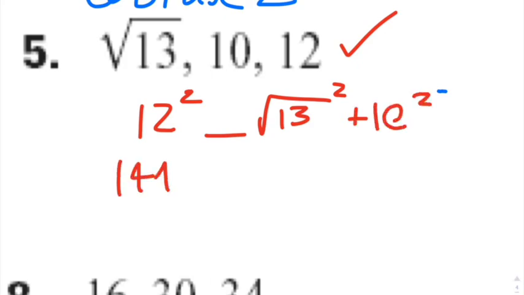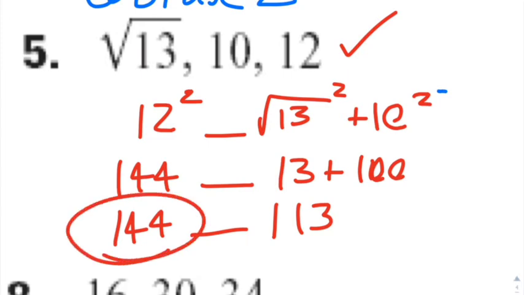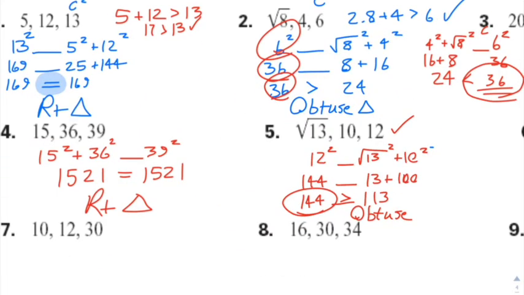So that's 144. That'll be blank 13 plus 100. So 113 right there. All right, so your c squared stuff, that's larger. It's greater than, it's larger, so that will be obtuse.